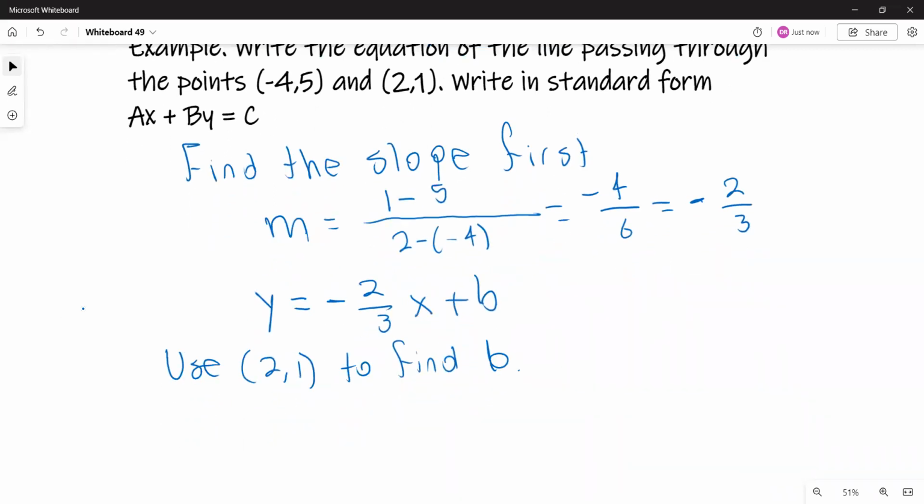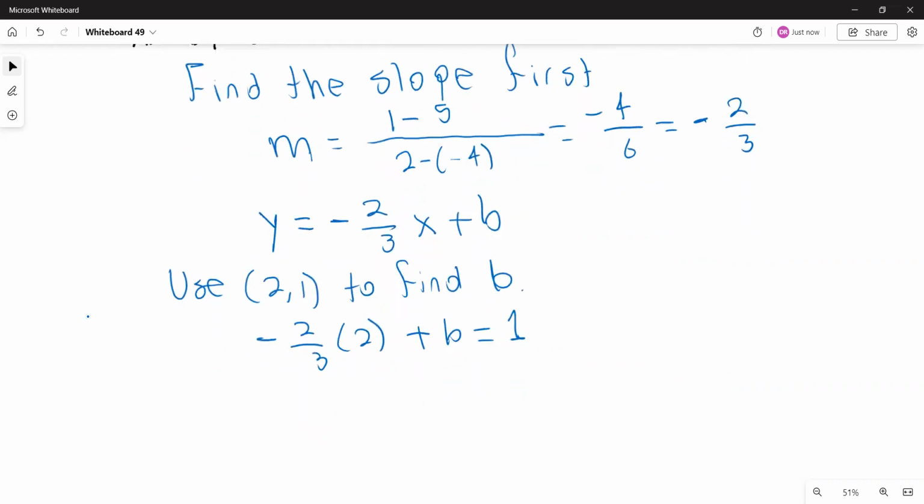Okay, so -2/3 times 2 plus b is equal to 1. So -2/3 times 2 is -4/3. -4/3 plus b equals 1, and b is 1 plus 4/3.